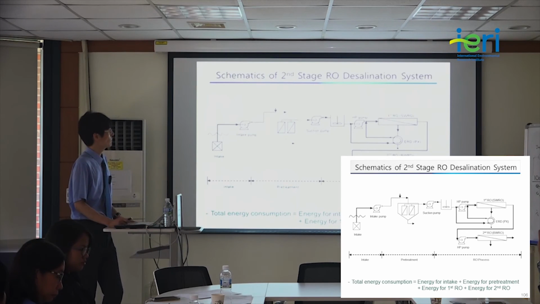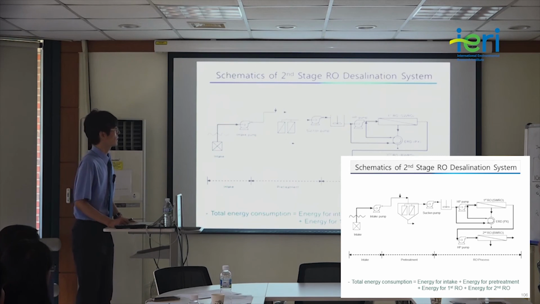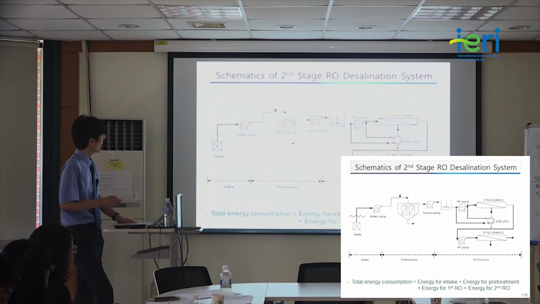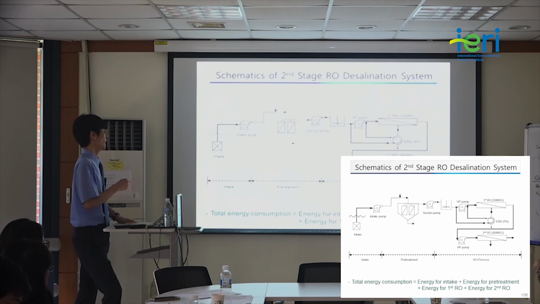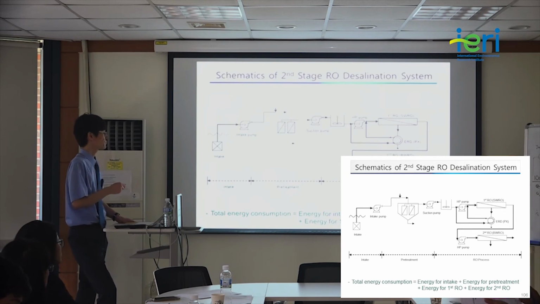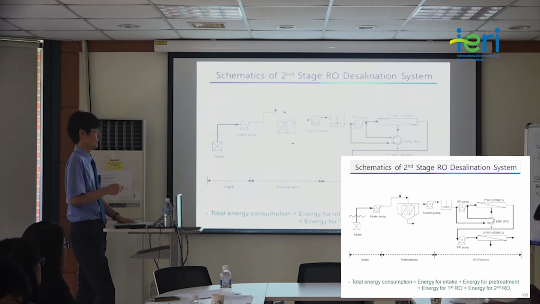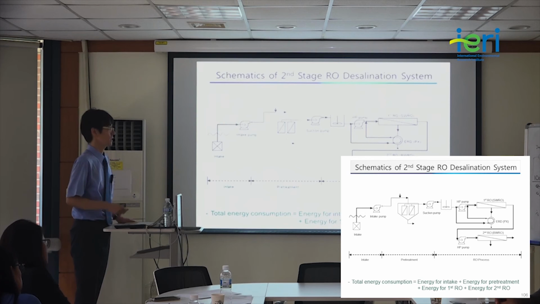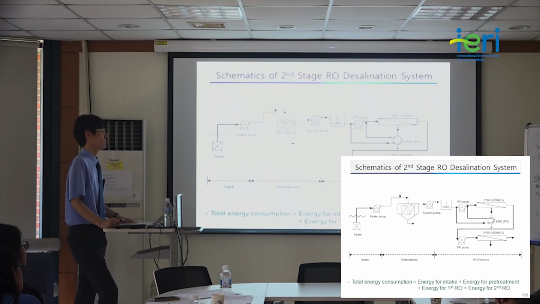So in this example, our target is a small scale, sorry, not the second stage, second pass, two-pass reverse osmosis desalination plant. In this case, again, we have the intake and pre-treatment consisting of the membrane system, and first reverse osmosis, which is the seawater reverse osmosis.